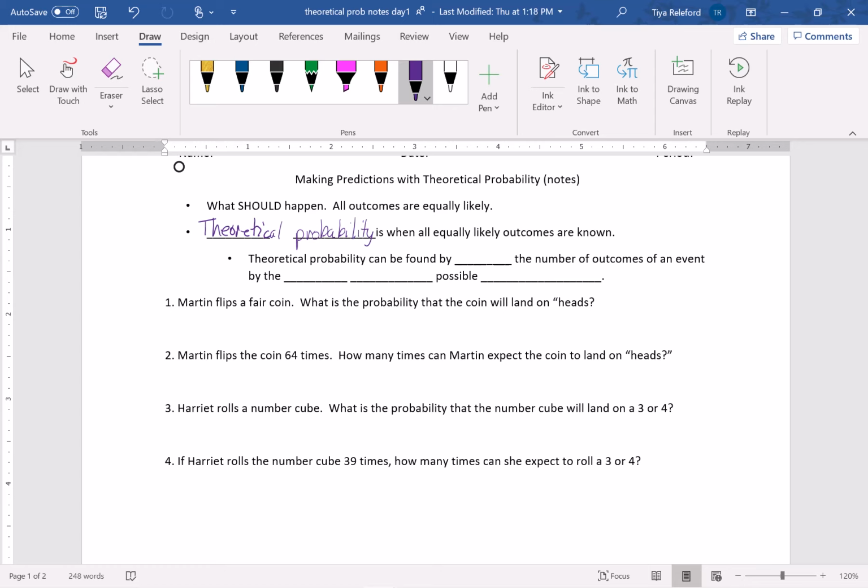This is what we've been doing so far. Theoretical probability can be found by dividing, remember that's what a fraction is, dividing the number of outcomes of an event by the total possible outcomes.